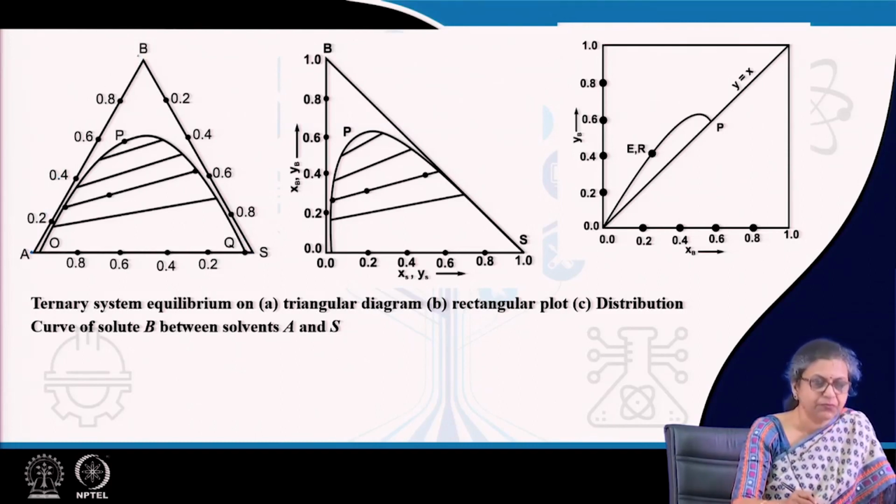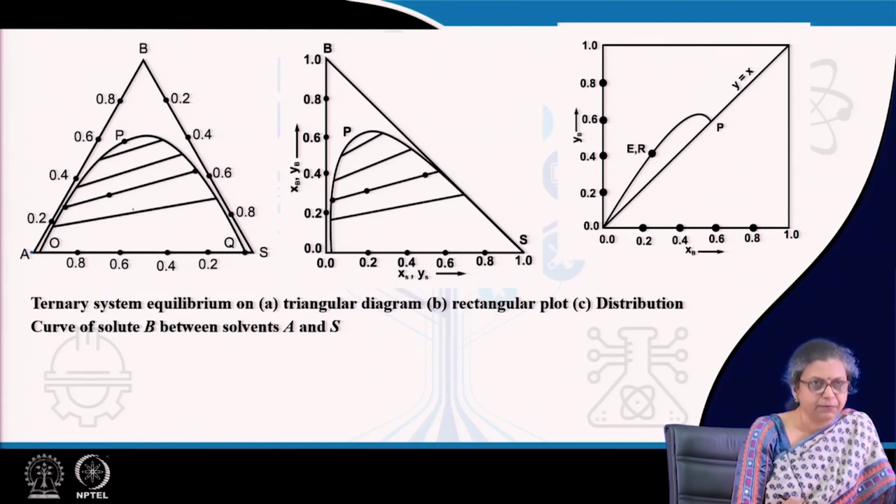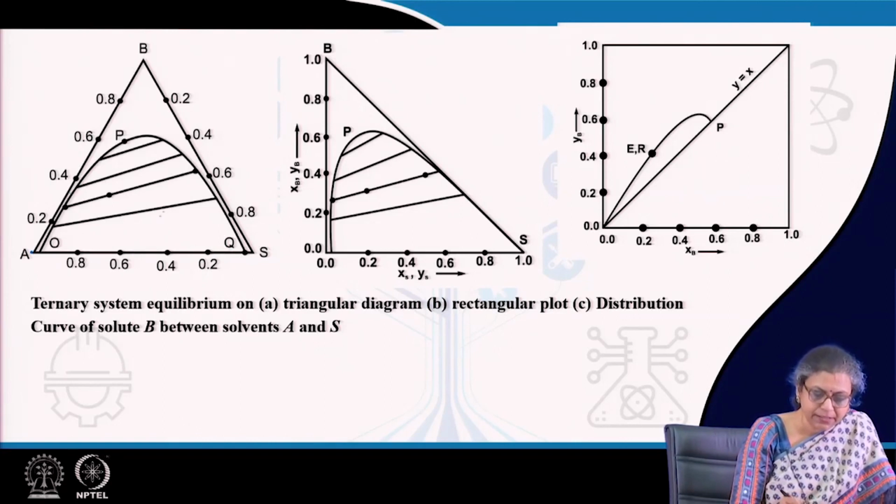From this particular straight line joining A and B, we enter inside the triangle, into this particular portion, which is the three component system. In the same way, the arm BS gives you the composition of the solution of B and S, and likewise this gives you the composition of the solution of A and S, and inside this all the three components are present.